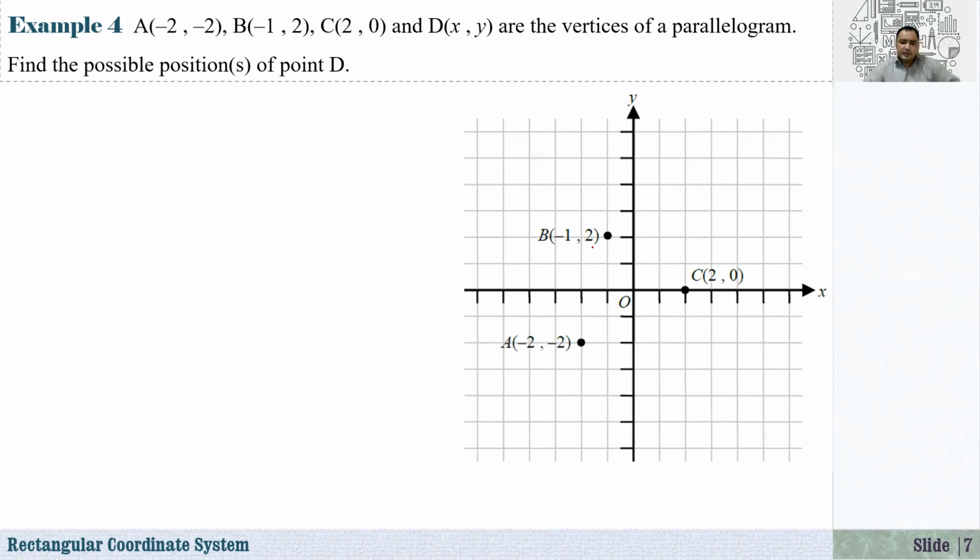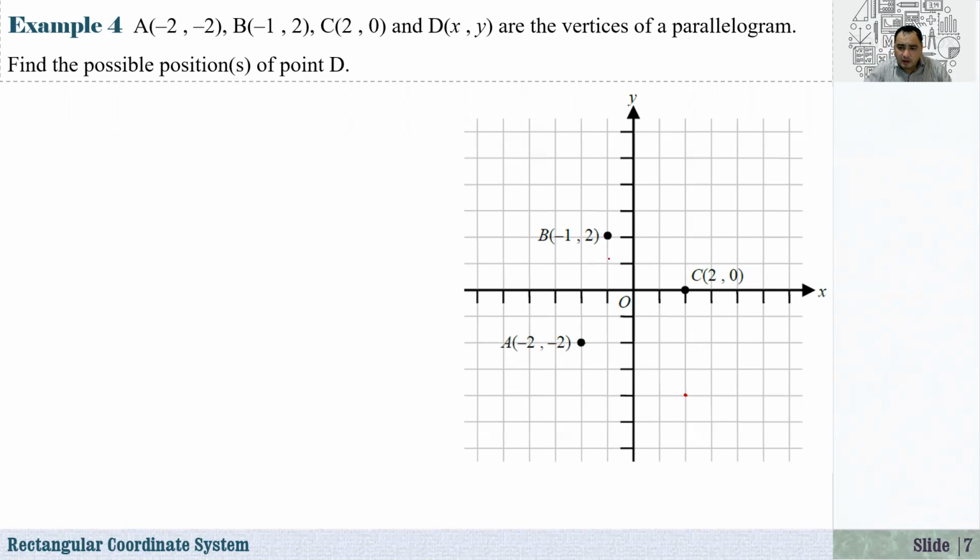If you are going to draw a parallelogram, the only way is, with A, B, and C here, D should be somewhere here. So we have only one possible answer. But if I ignore the labeling A, B, C, then we have two or three different possible answers, because D can be opposite the angle A, right?